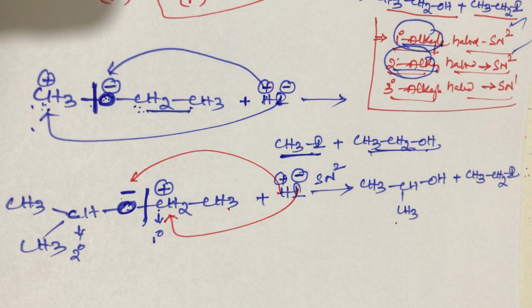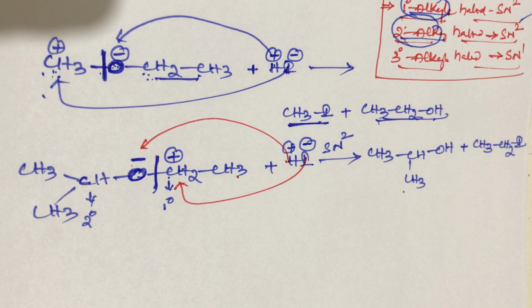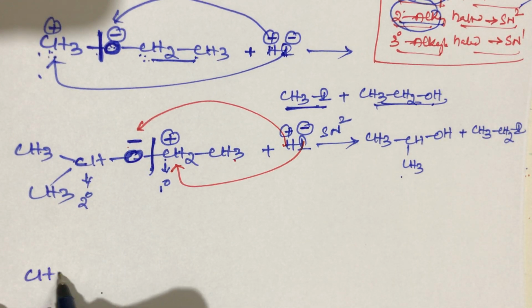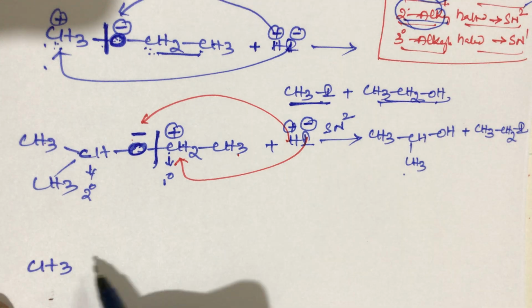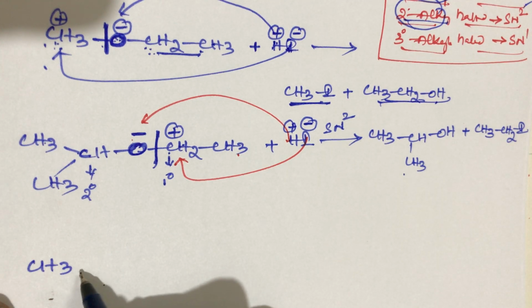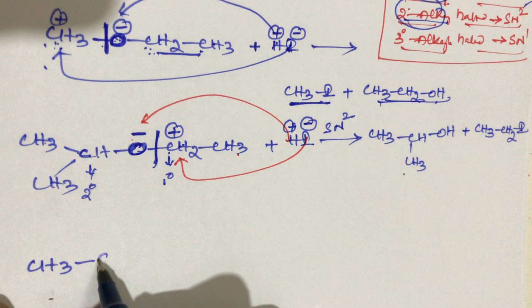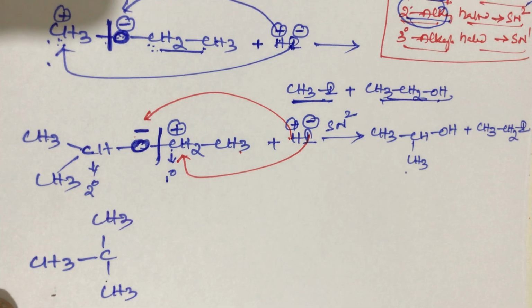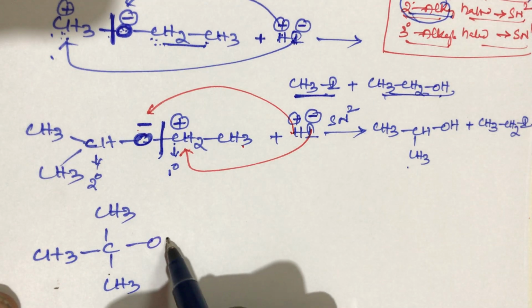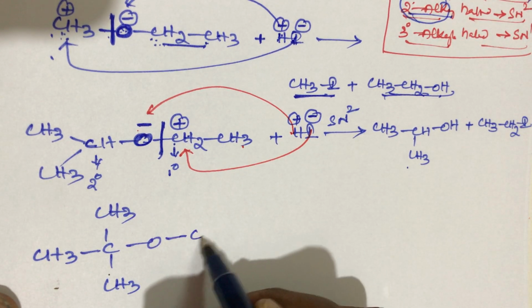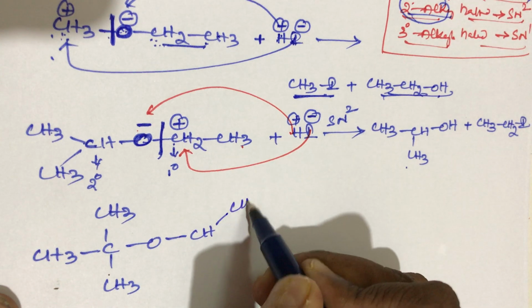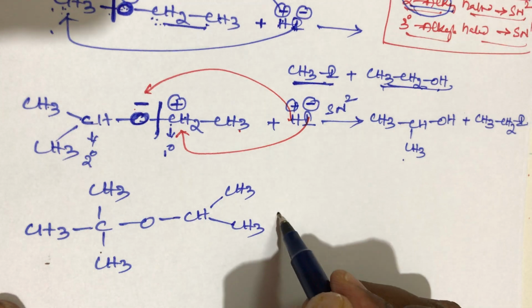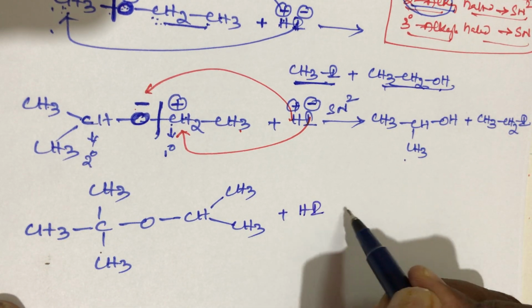Now take one more example: CH3, then CH3, then CH3, then O, then CH, then CH3, then CH3, reacting with hydroiodic acid, HI.